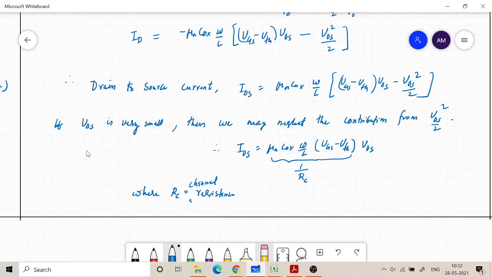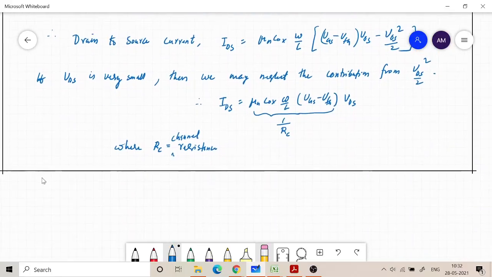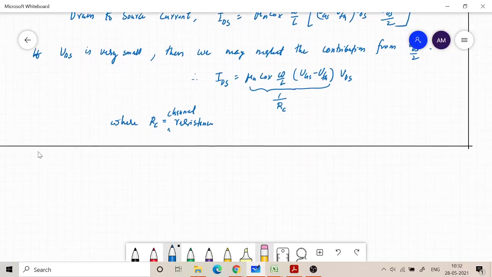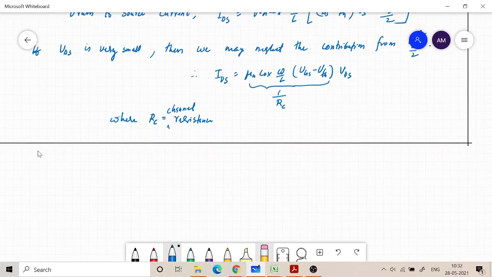But as VDS increases, what will happen? The second term becomes prominent, and therefore we cannot neglect it, and as a result we need to take into account both terms at the same time. So if I draw these characteristics as a function of VDS, for small VDS the current IDS is going to be linearly proportional to VDS.